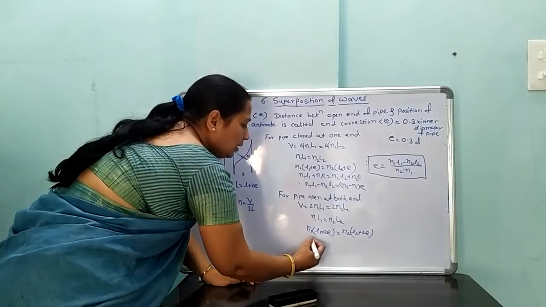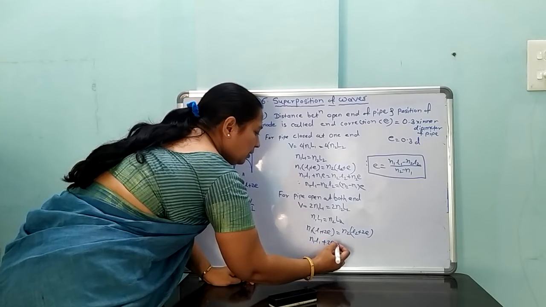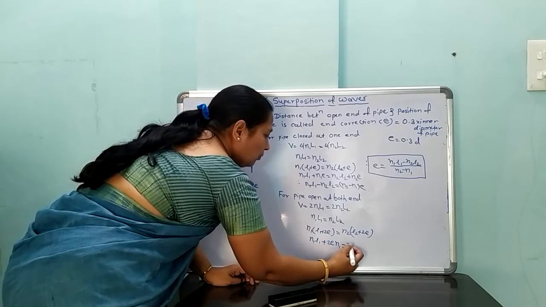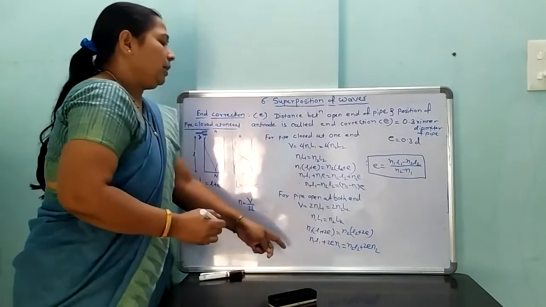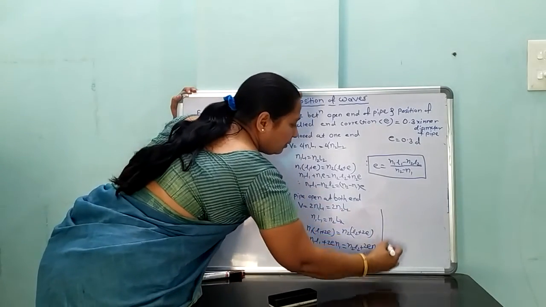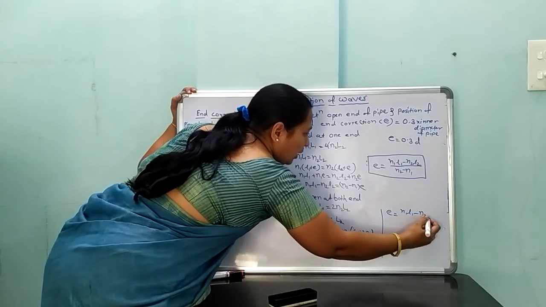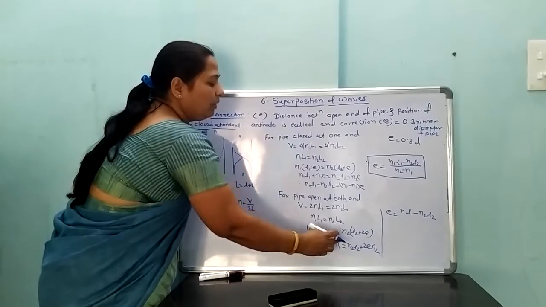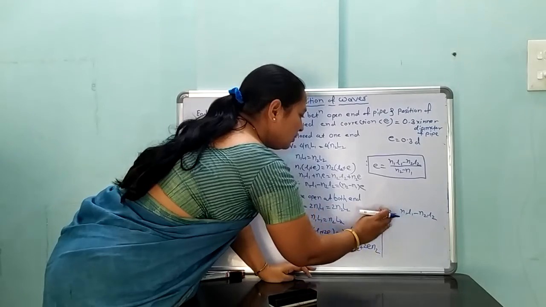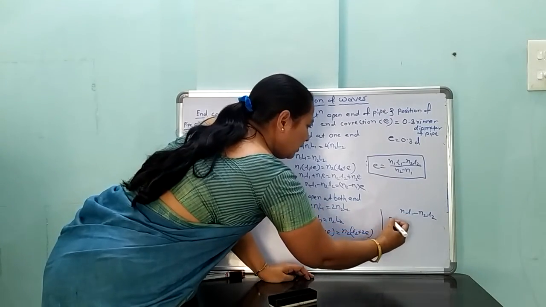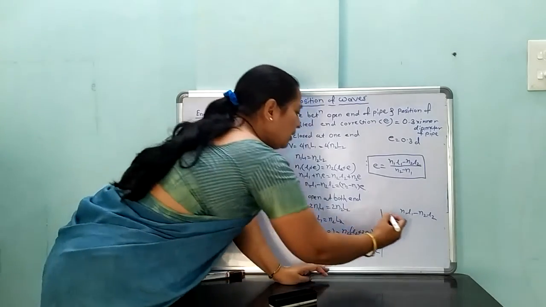Multiplying that out, N1L1 plus twice E into N1 is equal to N2L2 plus twice E into N2. Therefore N1L1 minus N2L2 is equal to 2E in bracket N2 minus N1.